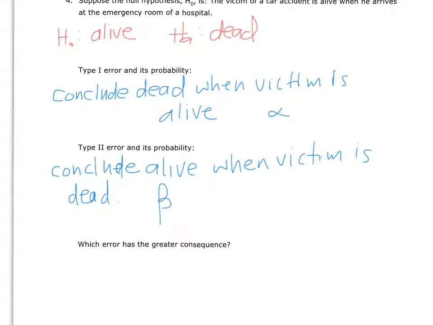Well, if a patient or a victim comes into the emergency room and the nurses and the doctors conclude that that patient is dead, but he's actually alive, they're not going to treat the patient. All right, and so maybe he wasn't dead to begin with, but if they don't treat that patient, he might die afterwards. So in this case, we would say that the type 1 error would be the error with the greater consequence. But it's not always the case. There are some cases where a type 2 error is going to have greater consequence.